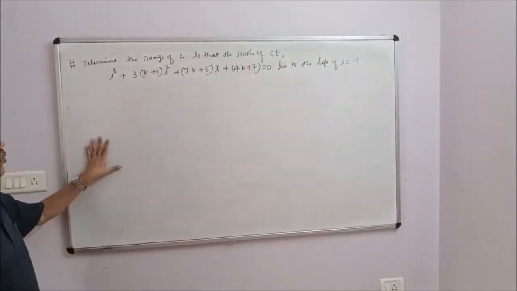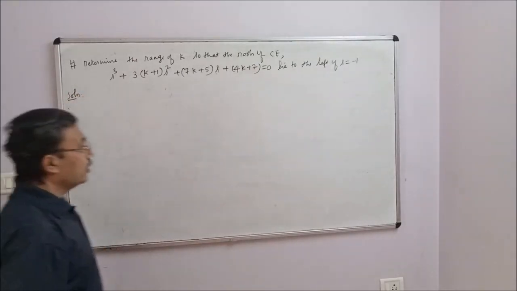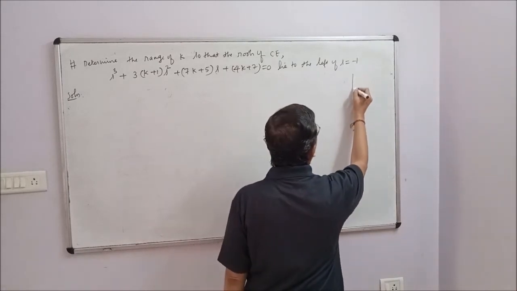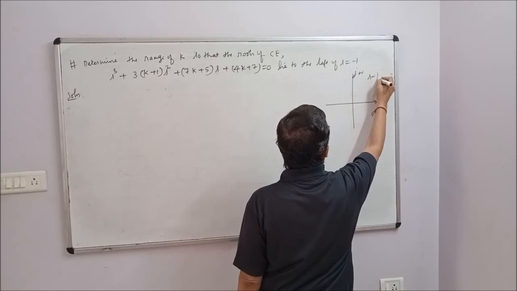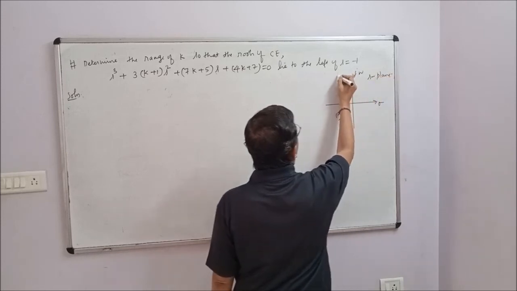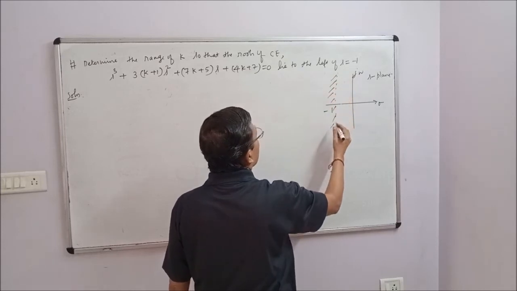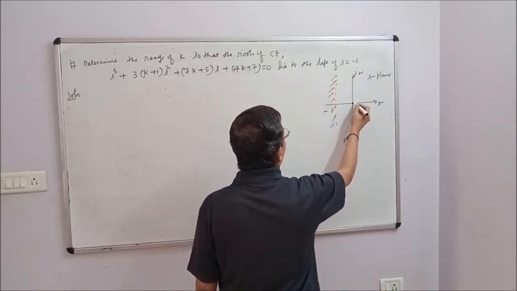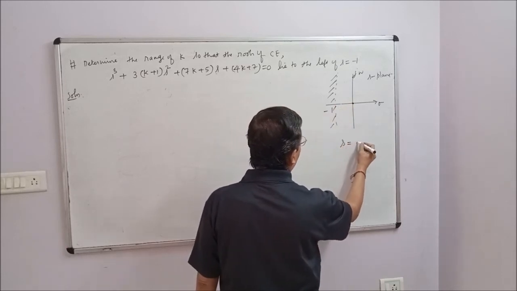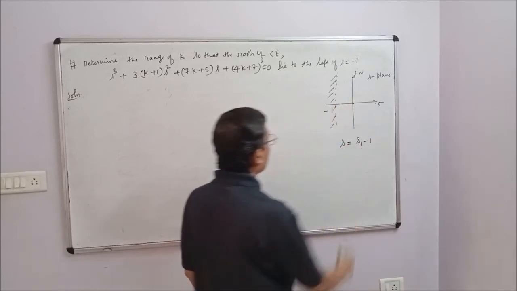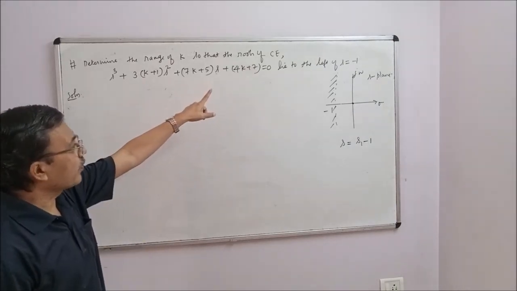Very important problem. So now the problem statement we'll first understand. S plane is a complex plane having real axis sigma, imaginary axis j omega. The condition is roots must lie to the left of minus 1. Therefore, transfer the origin from s is equal to 0 to minus 1, making use of the substitution s is equal to s1 minus 1 in the characteristic equation.